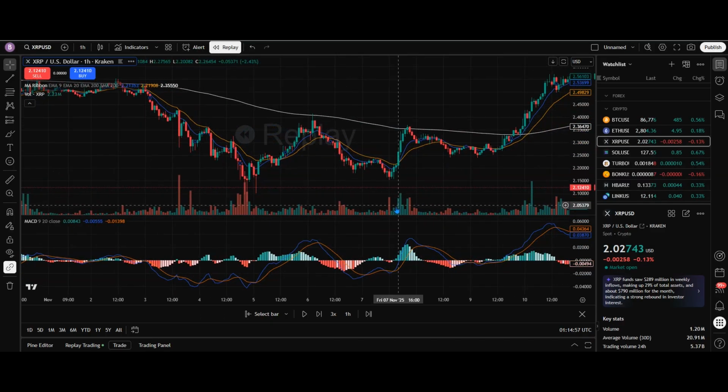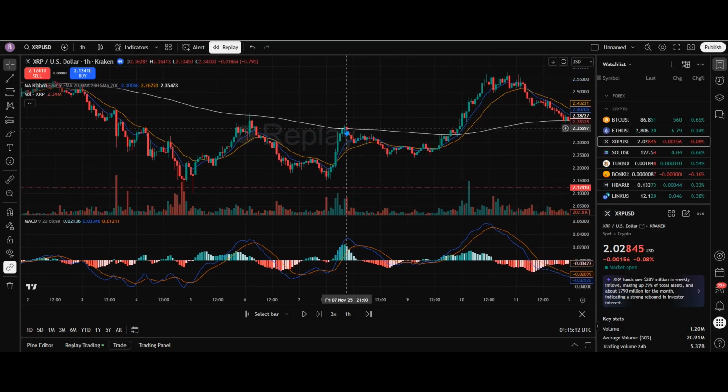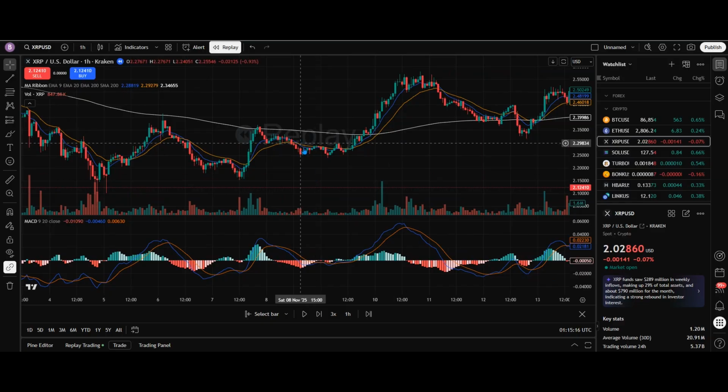Vice versa, we had some selling volume here, but as you can see, there are more buyers stepping in at this point. So that's why from this point we had a good retest to the 200-day EMA line, which is the resistance. And you follow your EMA lines, you follow your MACD.